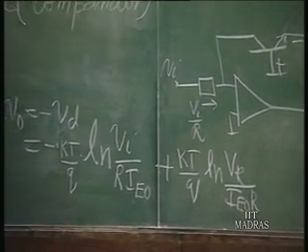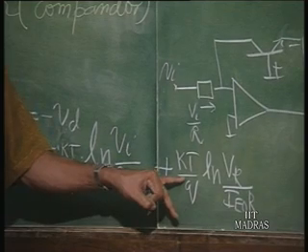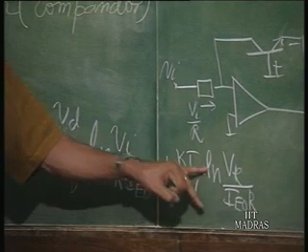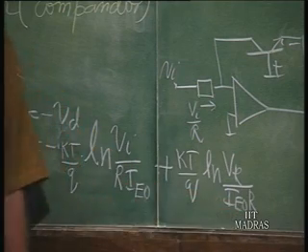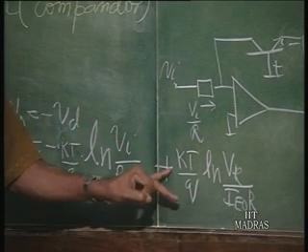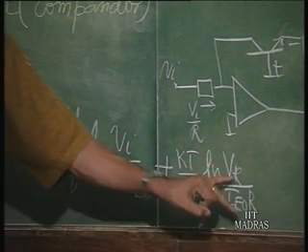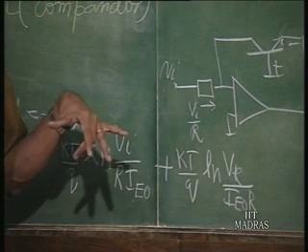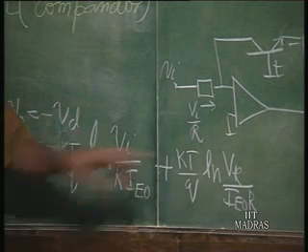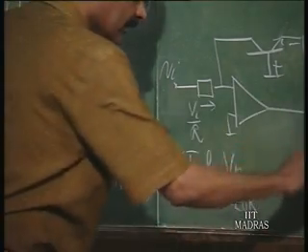How do I add voltage? This is nothing but voltage of a diode whose current is V R by R. Forward voltage of a diode whose current is V R by R, just like we have. Only thing is it is a constant current now. So, if I add another voltage, how do I add this voltage?